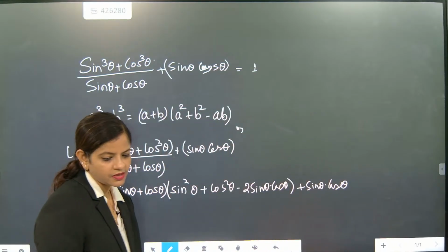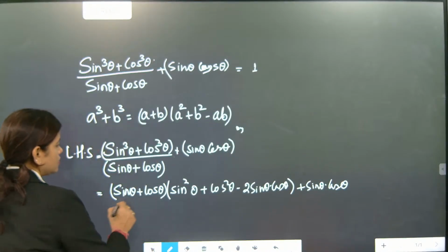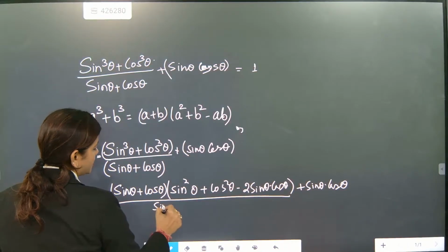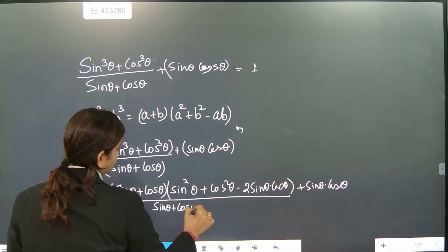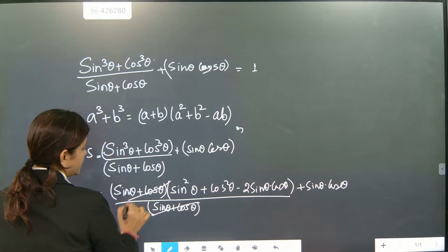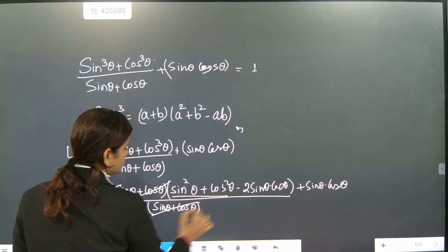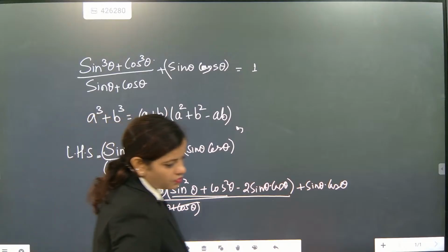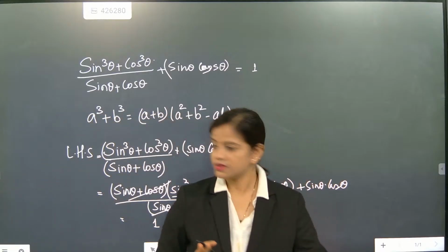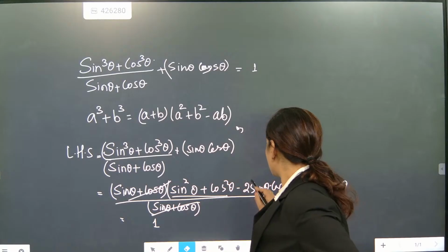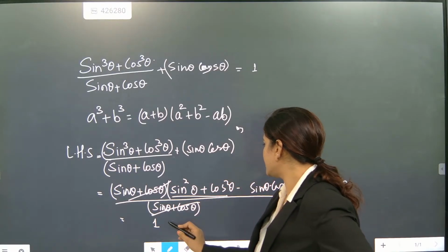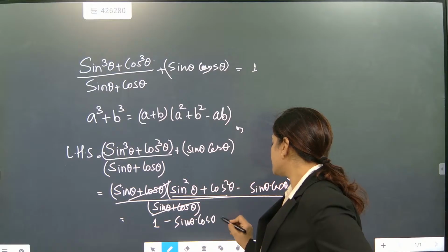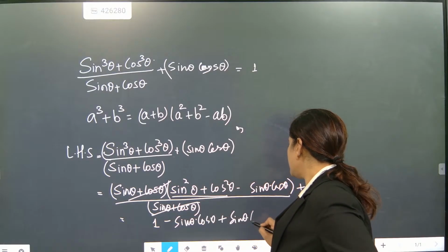Denominator part check, please. Here this part will be there, and then here it is sine theta plus cos theta. This and this will get cancelled. Now sine square theta plus cos square theta will become 1. So minus sine theta into cos theta, it is coming as 1 minus sine theta into cos theta plus sine theta into cos theta.